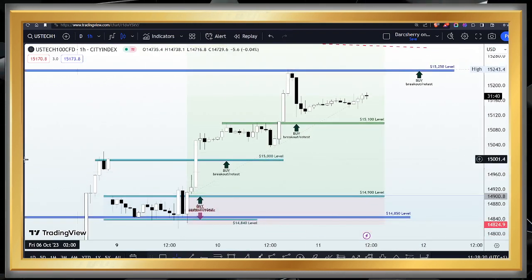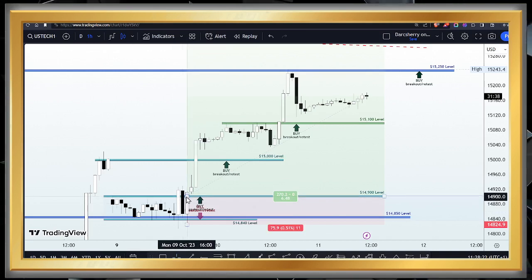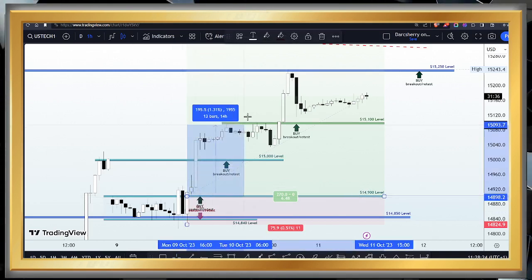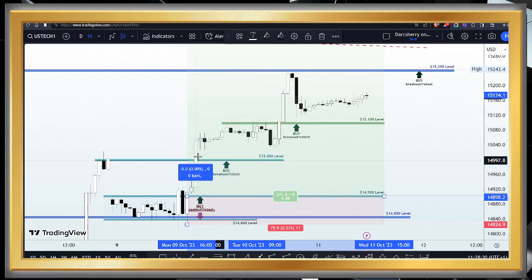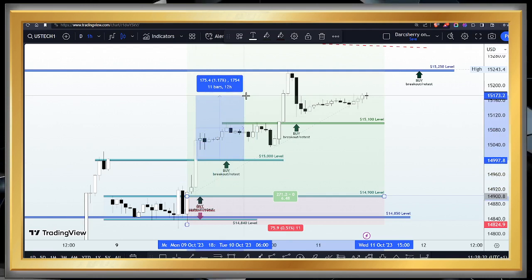And if you still have your buy positions running right now, let's see how many pips that is. So for the first buy position, we have about 275 pips in profit. And from the second buy position, we have about 175 pips running in profits. That's a total of 450 pips.